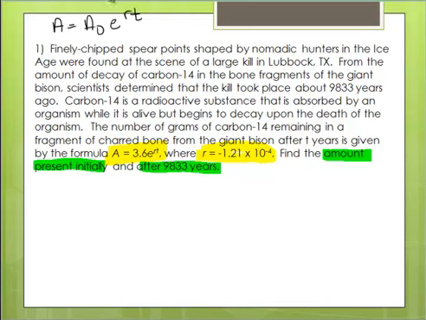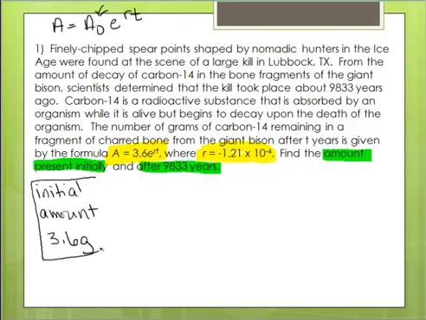The initial amount is whatever that number is. So the initial amount will be right there, 3.6 grams. They actually gave that one to us, right? And then after 9,833 years, that's your time. That just goes here for time.